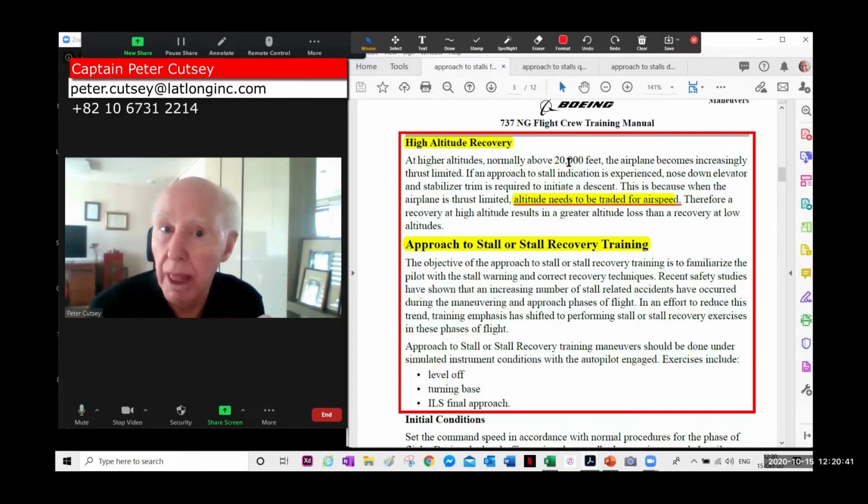I'll go through that in a minute with you. And then a turning base recovery, which we're actually going to do in the traffic pattern close to the ground. And then an ILS final approach recovery, which we're actually going to do under IFR conditions on an ILS. And it's important that your instructor follow these instructions directly from the FCTM. We'll look at them shortly.